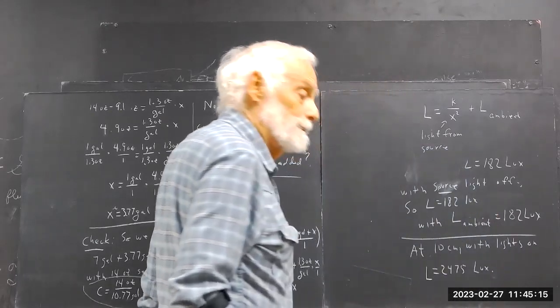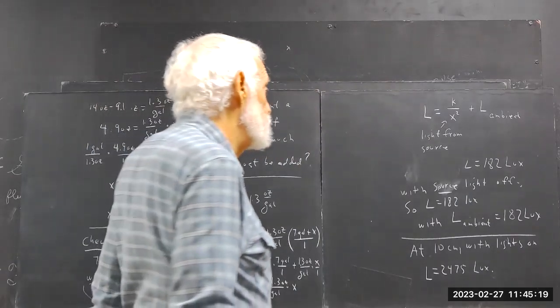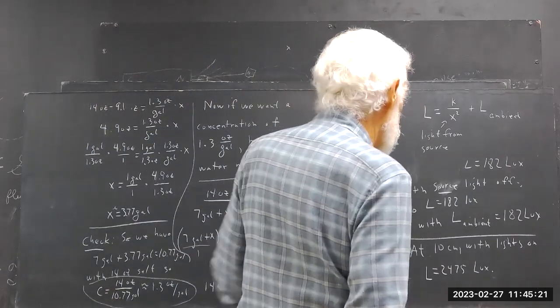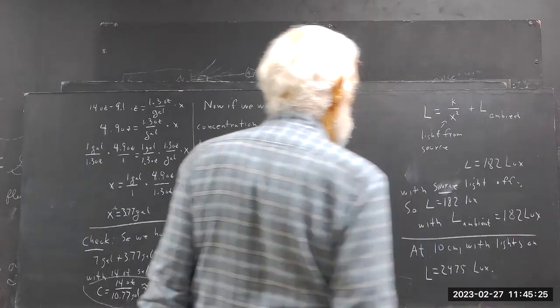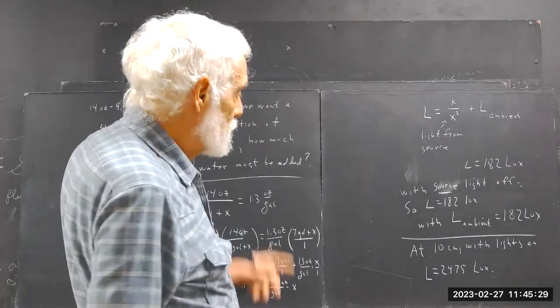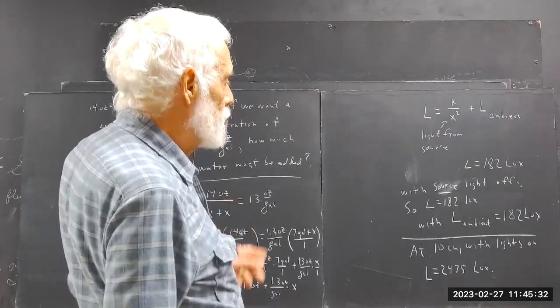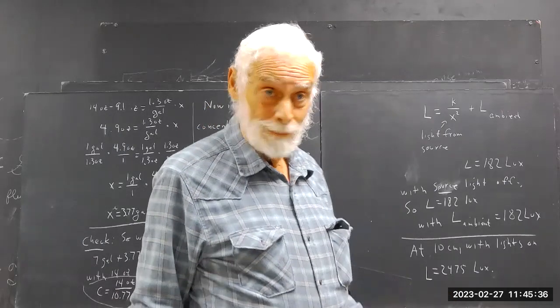Well, that's the source light. Okay, so 10 centimeters, if the light's on, L is 2,475 lux. Now, at this point, remember what we do with proportionality. K is going to be a proportionality constant.